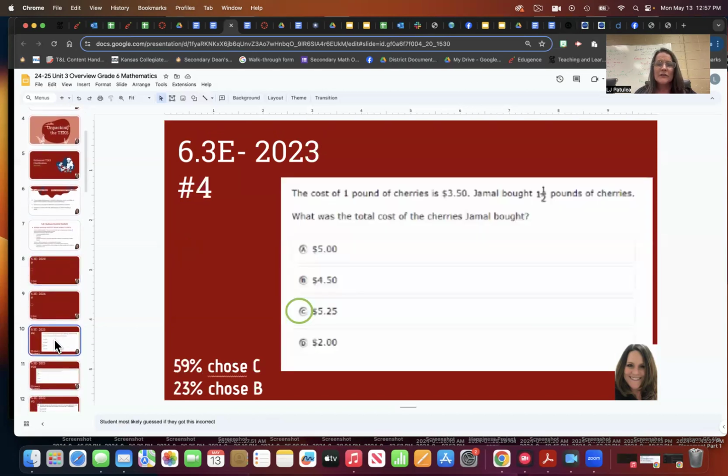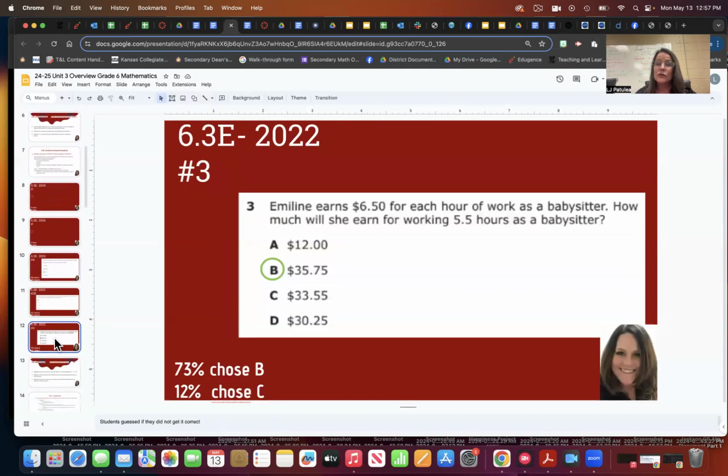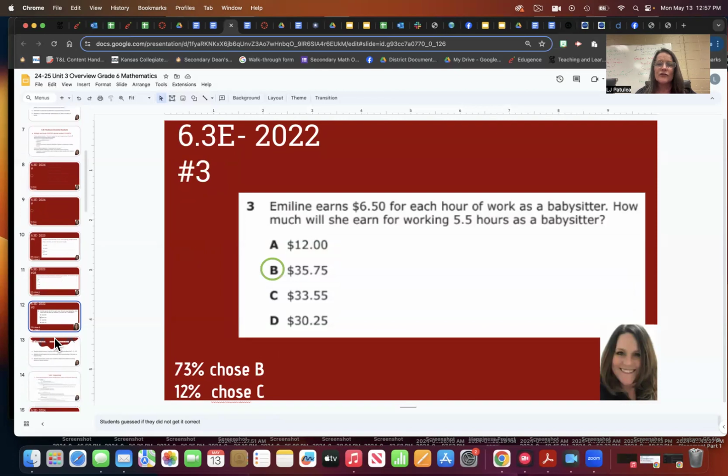But we do have 2023 and 2022 for 6.3e, an essential readiness standard. If you look down in the notes for these slides, you're going to see the most common error that gave the kids the distractor.